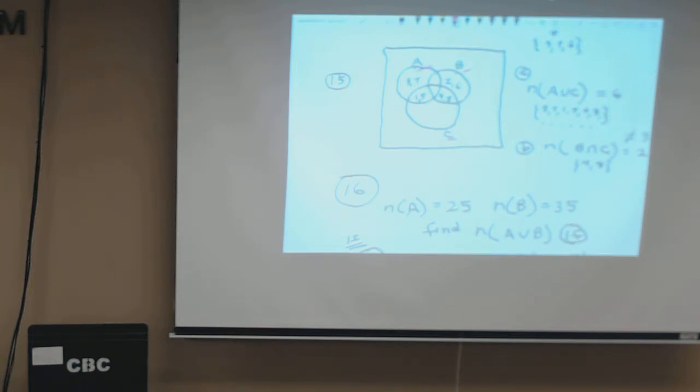Because 1 and 5 are in both A and C. And then I went back and looked at the universe and said 1, 2, 3, 4, 5, 6, 7, 8. So there's nothing to put out here. You follow me? There's nothing to put out there that's in the universe that isn't in one of these 3 circles. So now I've got my picture drawn.